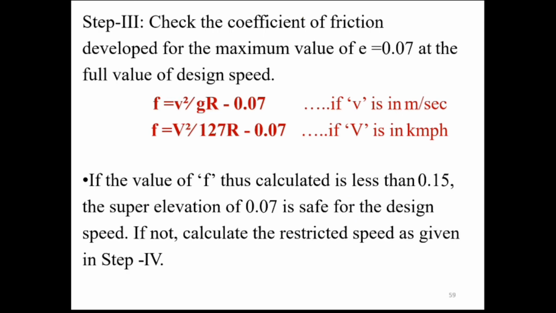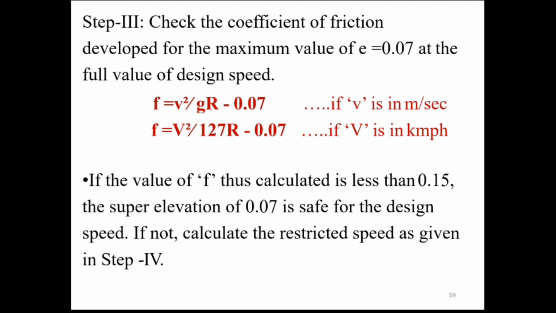Next, step 3, we have to check the coefficient of friction developed for the maximum value of E equals 0.07 at the full value of the design speed. So F equals V square upon G into R minus 0.07, and F equals V square upon 127 into R minus 0.07 if the velocity is in kilometers per hour.